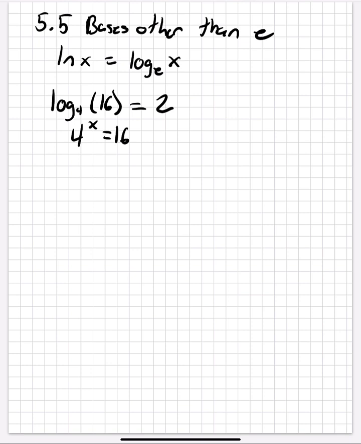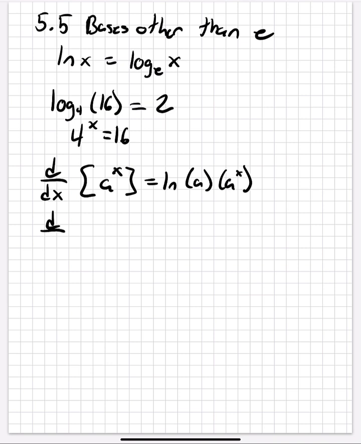The first things that we want to know here are the derivatives. So let's say that we have some number a that's being raised to an x power. The derivative of that is the natural log of a times a to the x.